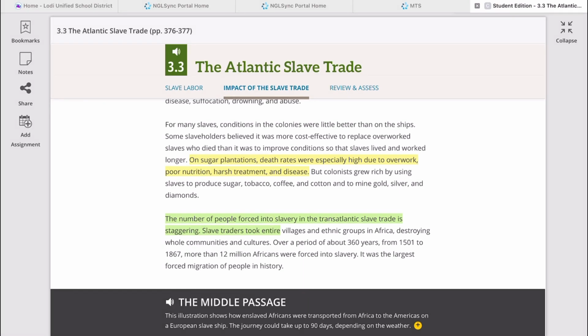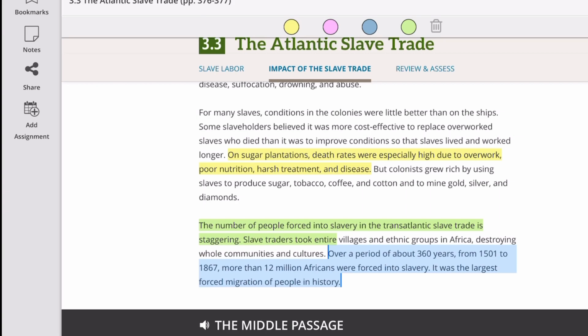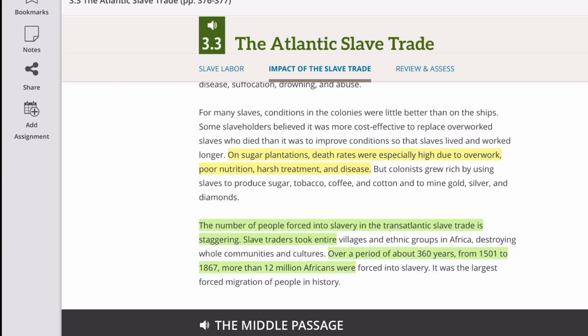Over a period of about 360 years, from 1501 to 1867, more than 12 million Africans were forced into slavery. It was the largest forced migration of people in history, the largest.